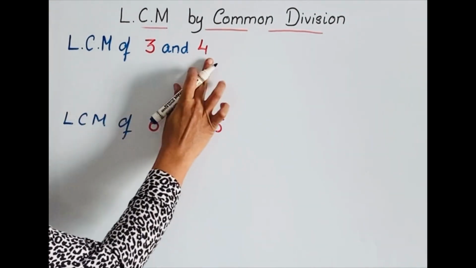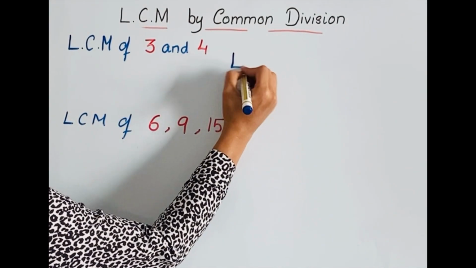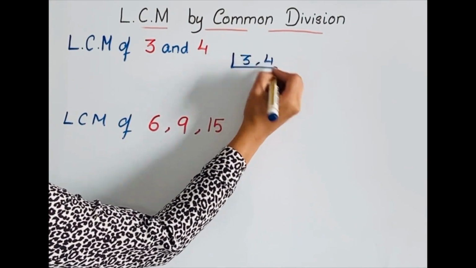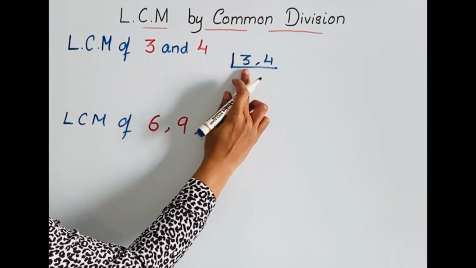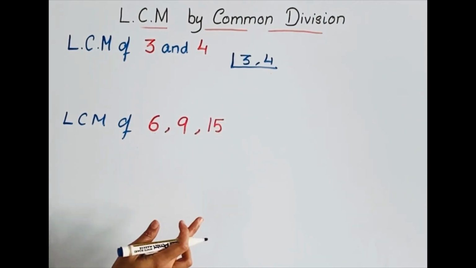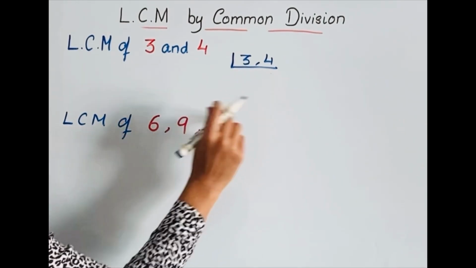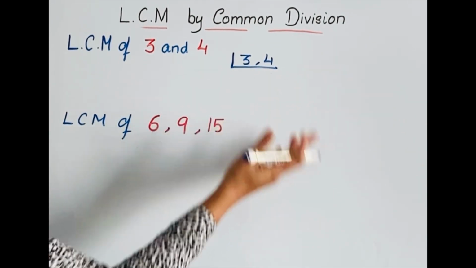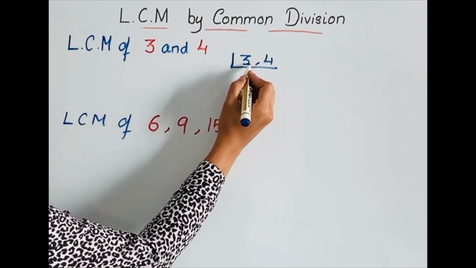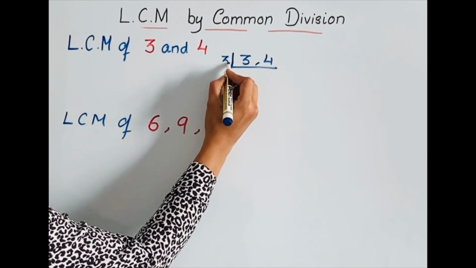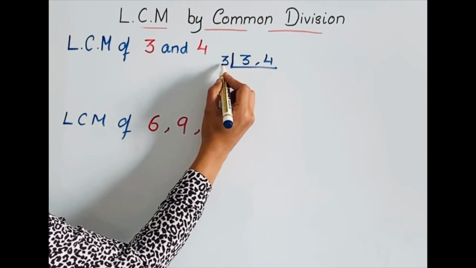Now LCM of 3 and 4. So by common division, we have to check for the common factors. Is there any common factor for 3 and 4? As 3 is a prime number, definitely there won't be a common factor of these two numbers. So as it has no common factors, you can use the factor of this number to divide it.